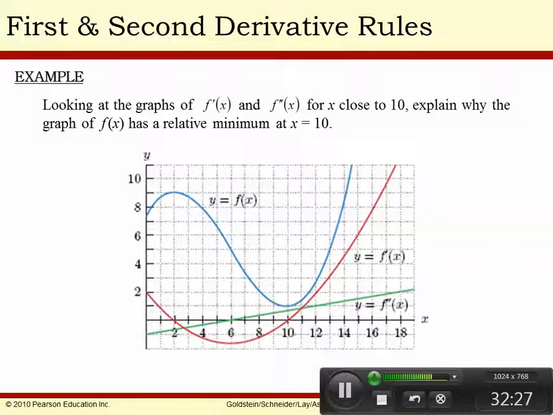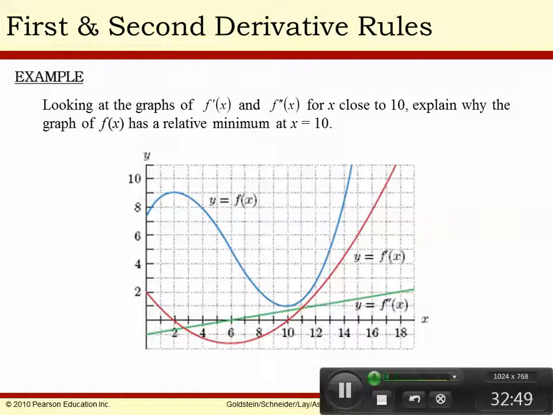Okay, let's look at another example. We have 3 functions here. We have the first derivative, the second derivative, and the third derivative. We're going to use all 3 to explain why this graph has a minimum at x equals 10, a local minimum. So does someone remember what the intuitive idea of a local minimum is?